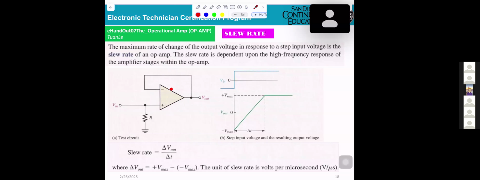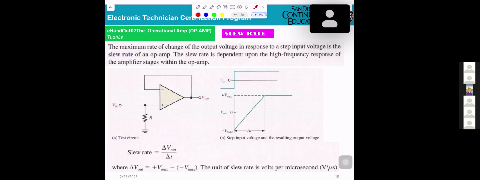This is the unity gain. Input and output will be the same thing. Okay. That's why they gave it to you. This is the input from 0 going up to the output here. Okay. However, the output is supposed to go this way. No, it does not. It takes a little time from the input here to go up here. We call it delta T.